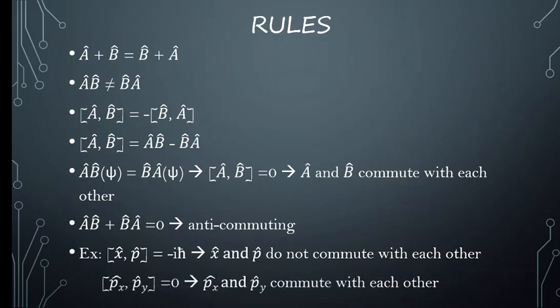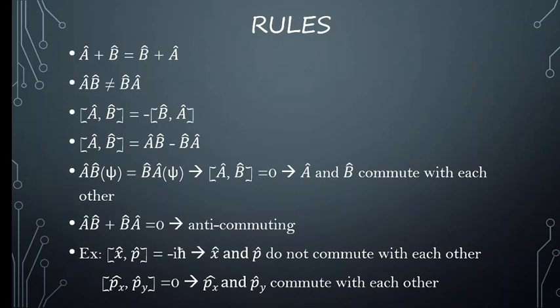If you take another example, the inner product of Px cap and Py cap, that is the momentum along the x direction and the momentum along the y direction, it is going to be equal to 0, which means Px cap and Py cap commute with each other, so both of them can be measured simultaneously, at the same time.